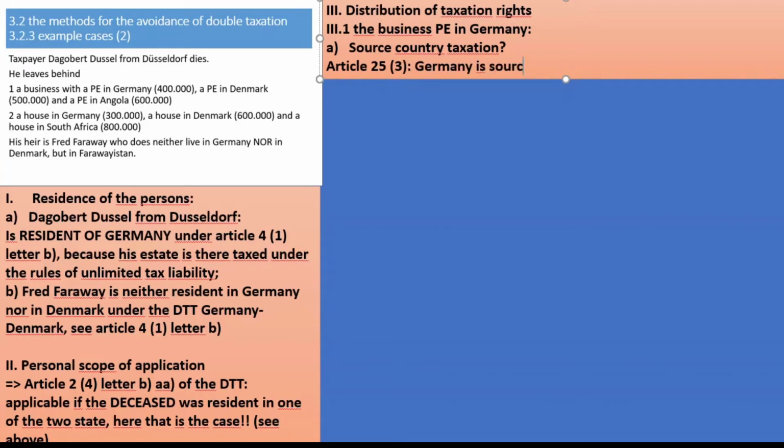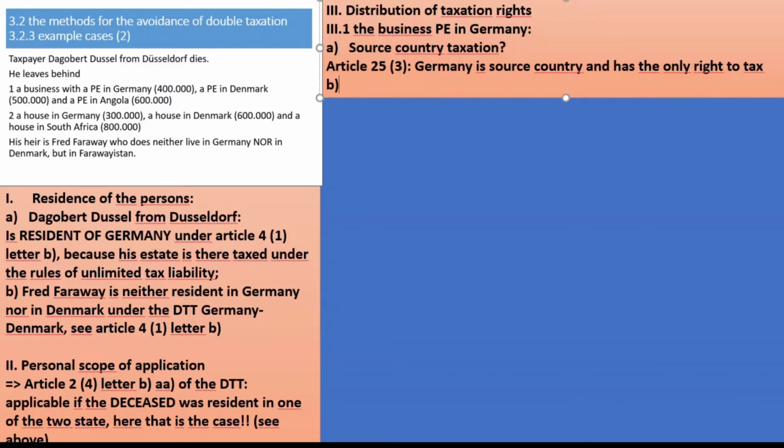Germany is source country and has the only right to tax. Now, what does that mean for Denmark and for credit obligations? Avoidance of double taxation.